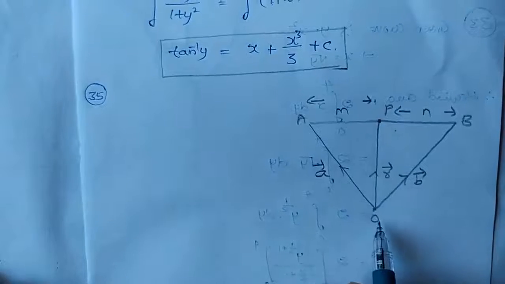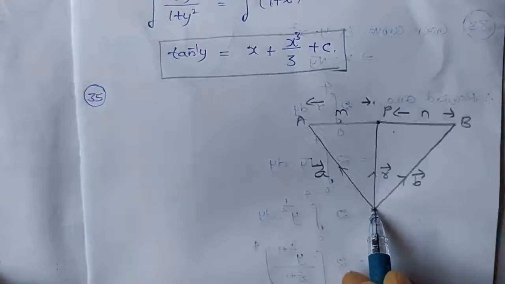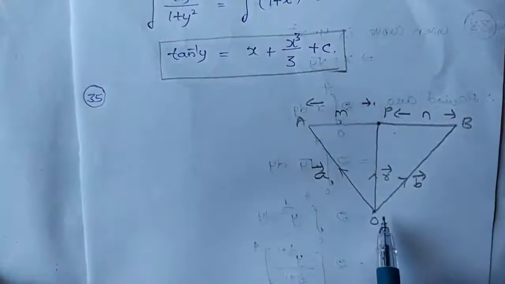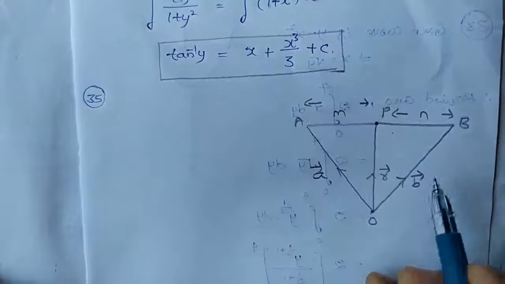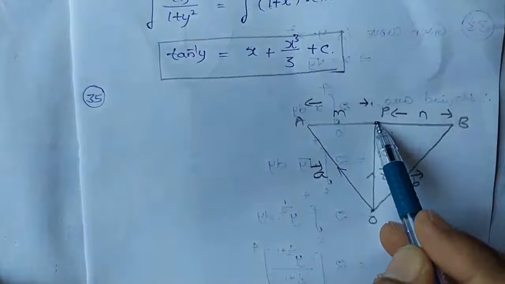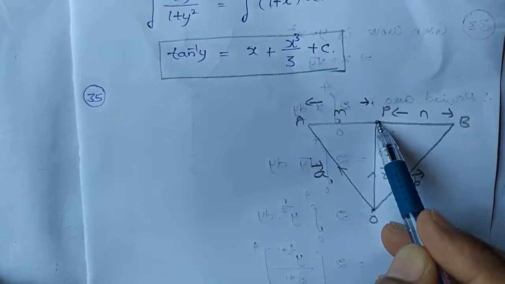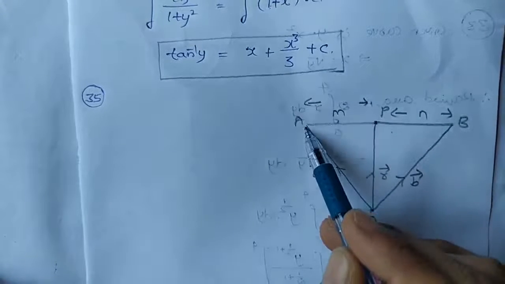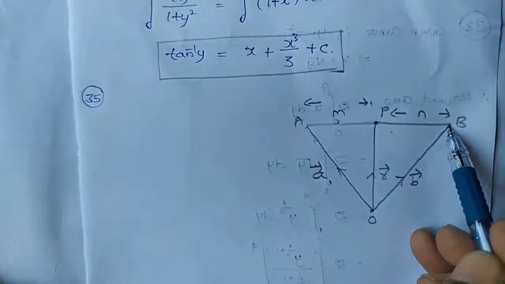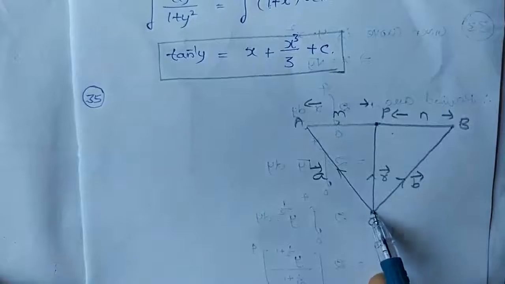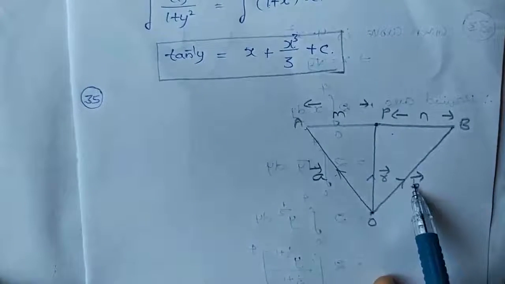Okay, see, the explanation will be like this. Let O be the origin. The position vectors of the points A and B with respect to the origin are A vector and B vector.